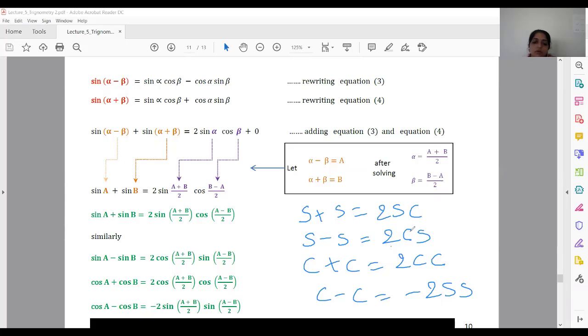So in the first function, we add the theta of both functions on the left hand side and then divide by 2. And in the second function, we subtract the theta of both functions from the left hand side and then divide by 2. So this is the short trick for remembering this formula.